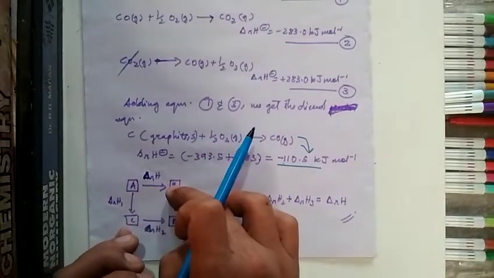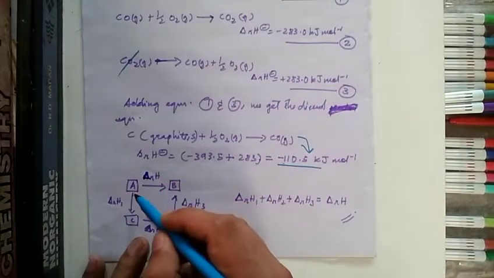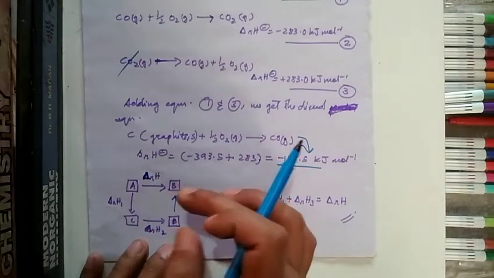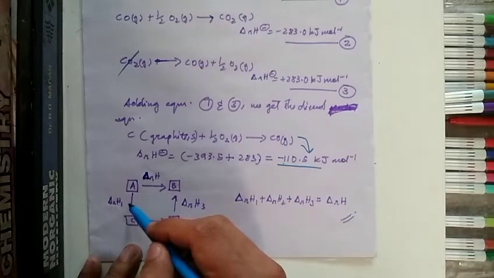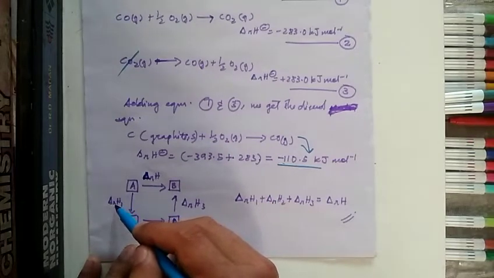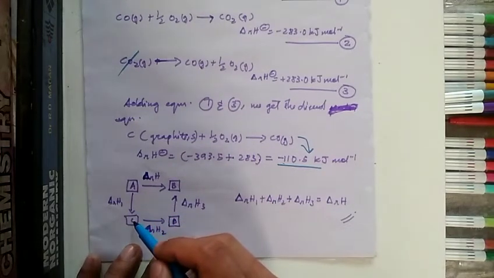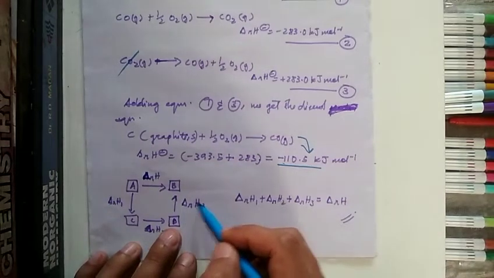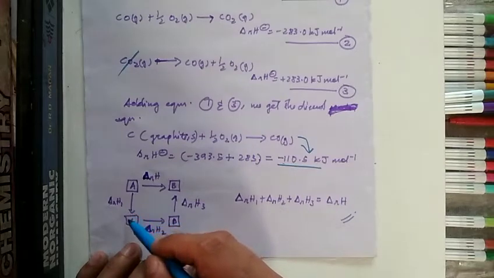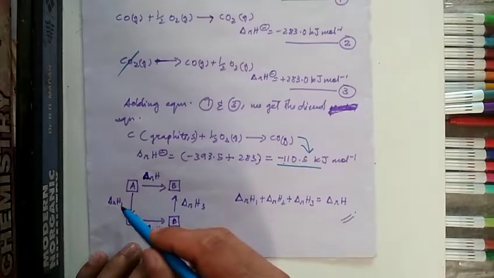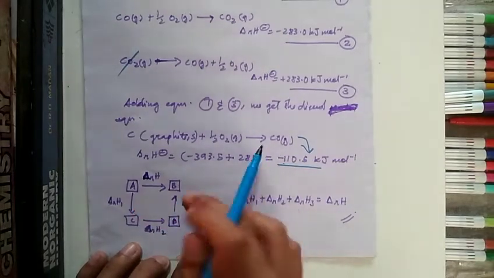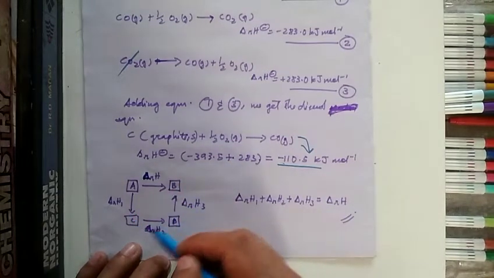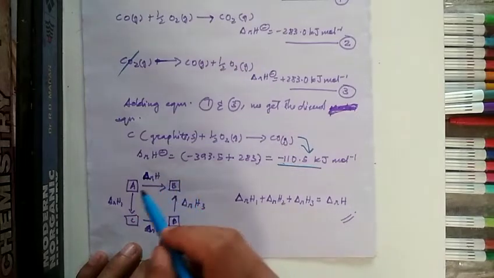And then if we do subsequent or different steps, like delta rH1 from C, delta rH2 to D, and then delta rH3 to B. That means these 1, 2, 3 steps are giving B only.